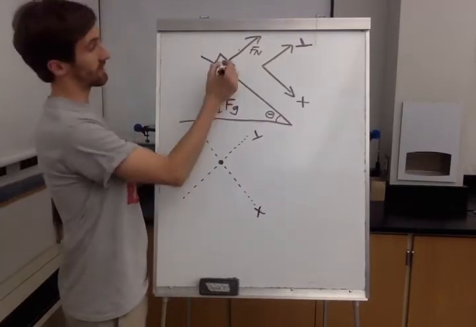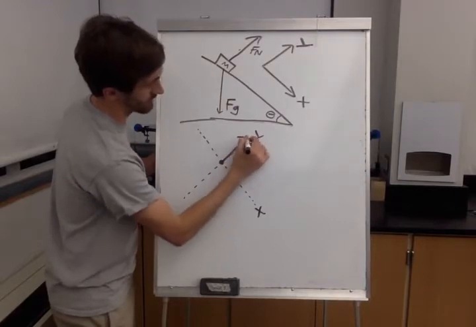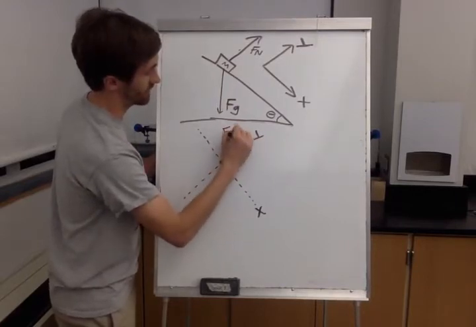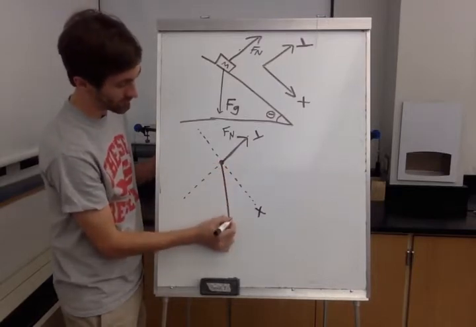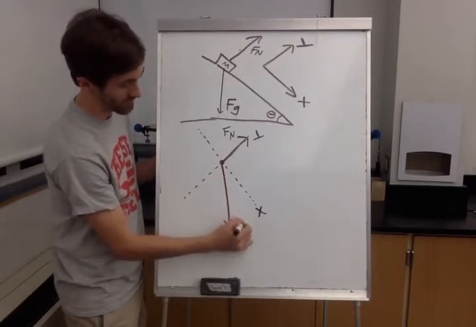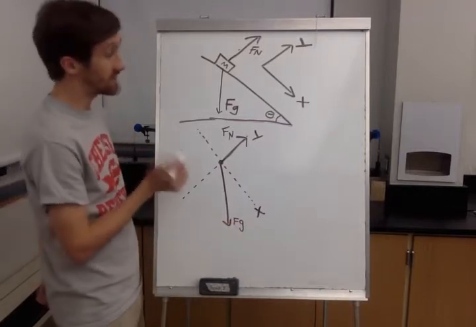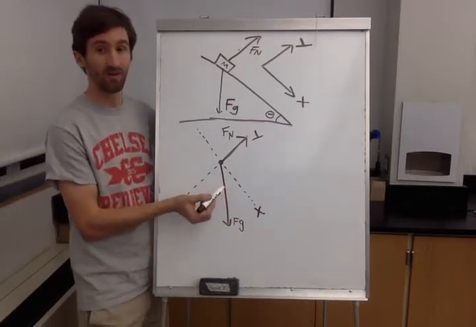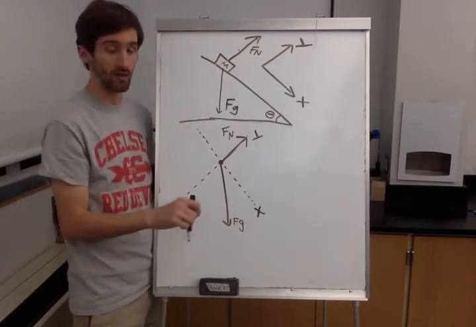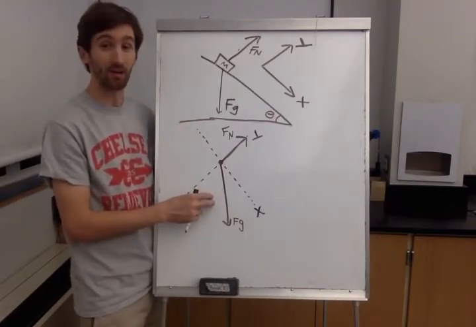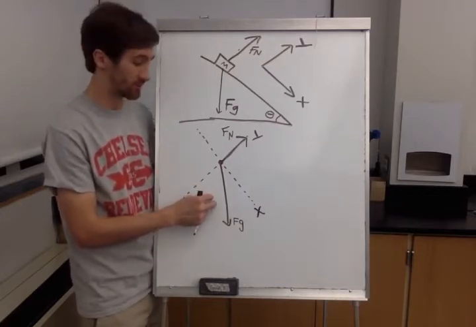I know that normal force comes straight in the y direction, Fn, and gravity comes straight down, Fg. And what I can see is that gravity, where it used to be in the y direction, is now at an angle. And so I have to use SOHCAHTOA to break it into its parts.